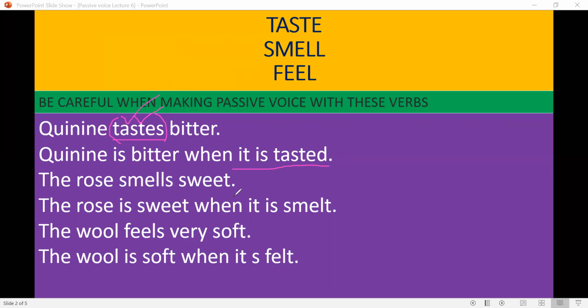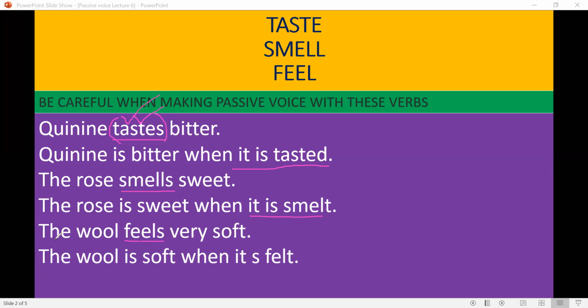The rose smells sweet. We will make the passive voice of smells: when it is smelled. The rose is sweet when it is smelled. The wool feels very soft. Feel means it is felt. When it is felt, that is the passive voice.